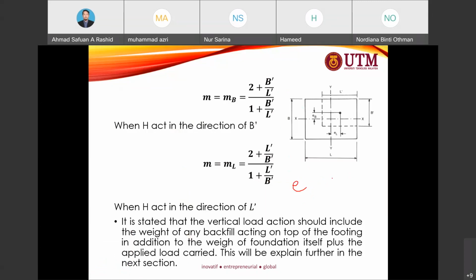To get the E, it is based on the moment. I will discuss that later on. It is stated that the vertical load action should include the weight of any backfill acting on the top of the footing, in addition to the weight of the foundation itself plus the applied load carried. This will be explained further in the next sessions, especially in the example later.